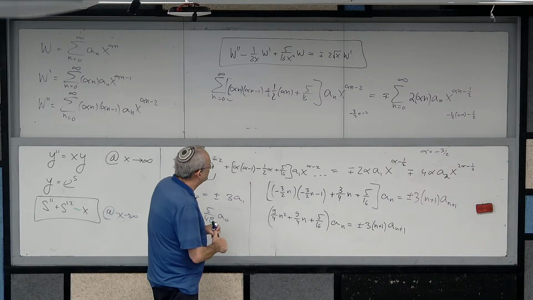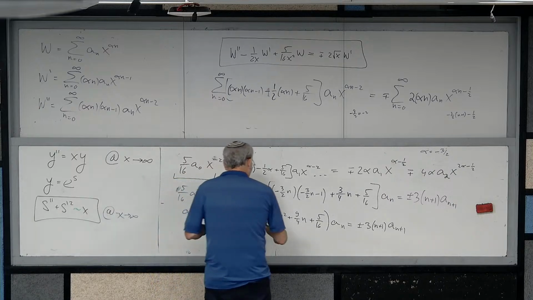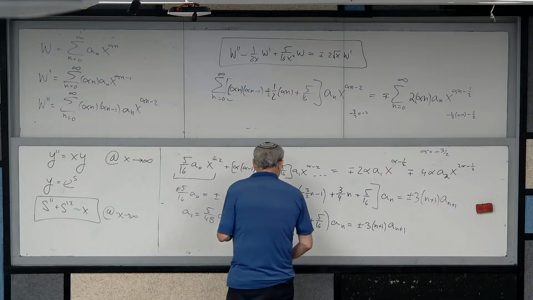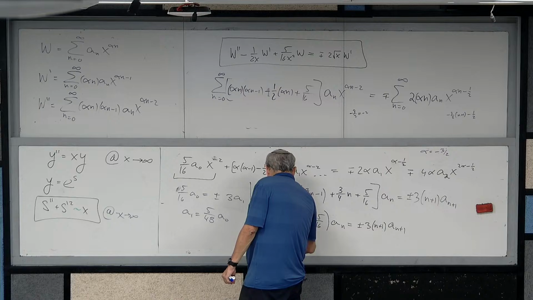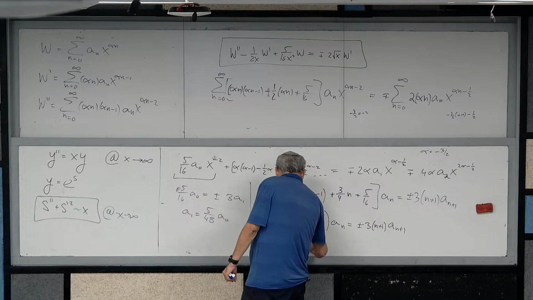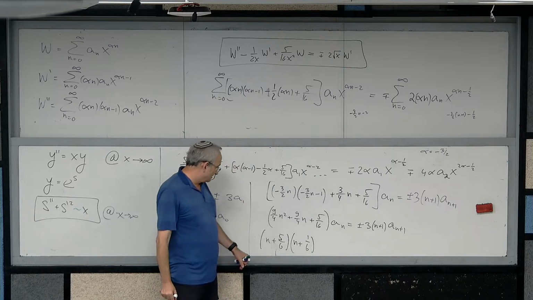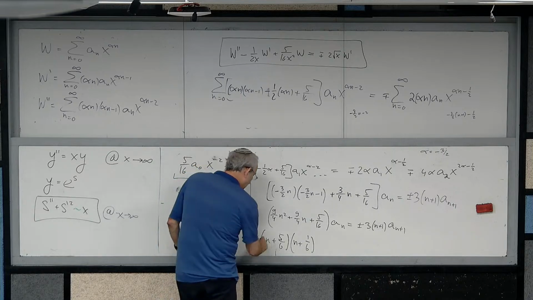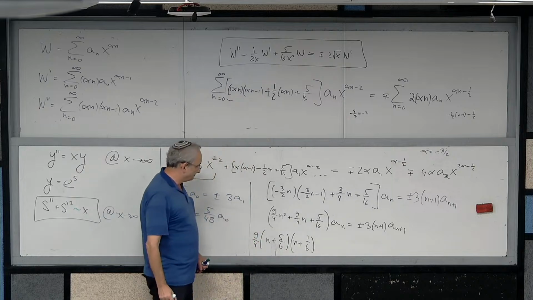And now I would like to use the following guess: (n plus 5/6) times (n plus 1/6), multiplied by 9 quarters. Does it work? Is that true?